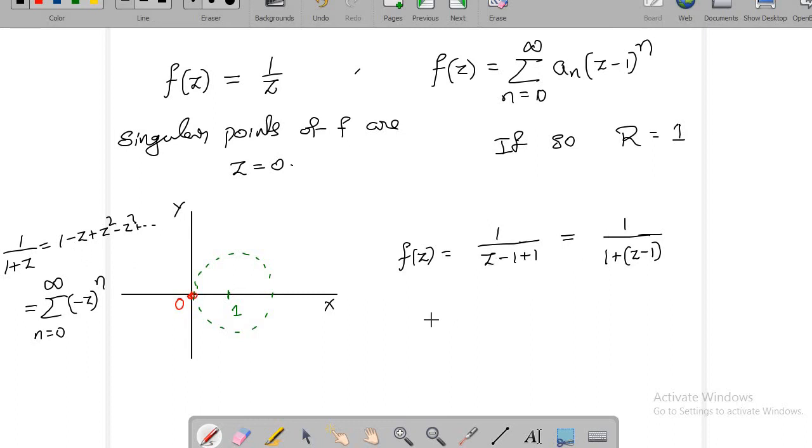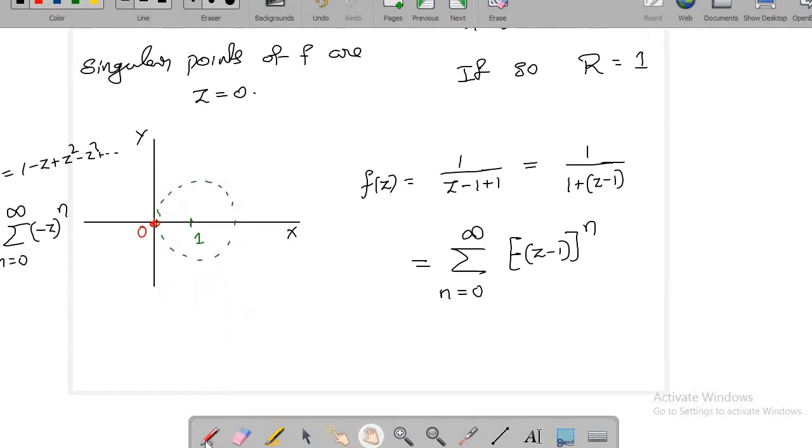So using this formula, I can say the power series expansion of this is summation n equal to 0 to infinite, minus of z minus 1 whole to the power of n. So this is nothing but summation n equal to 0 to infinite, minus 1 to the power of n into z minus 1 whole power n.